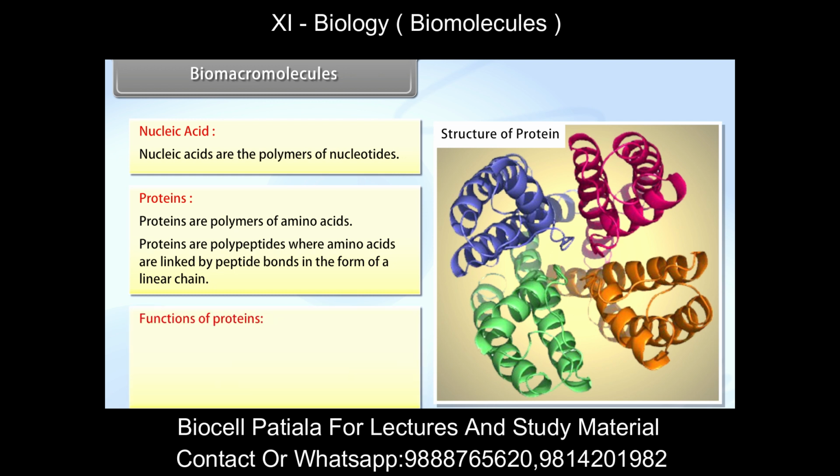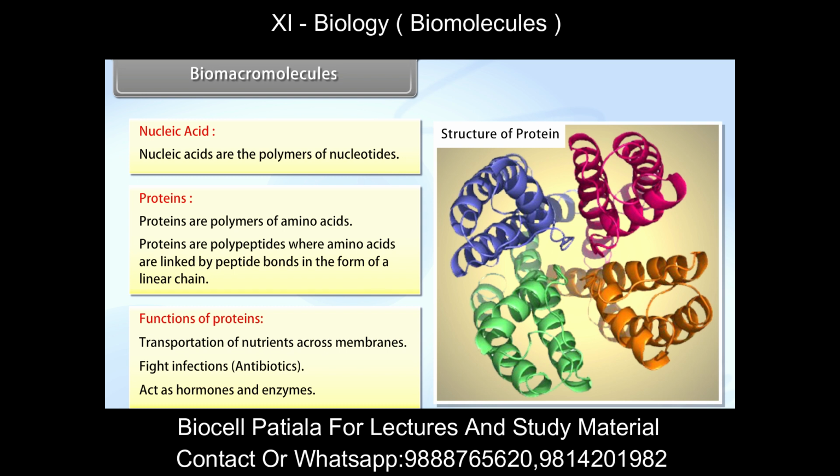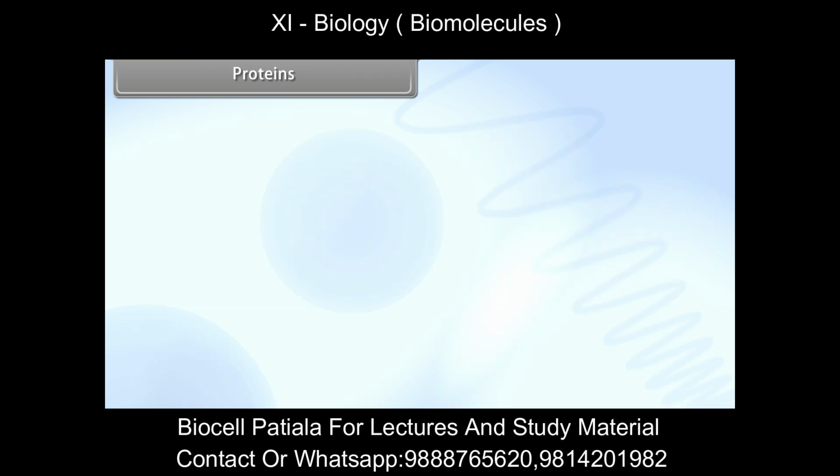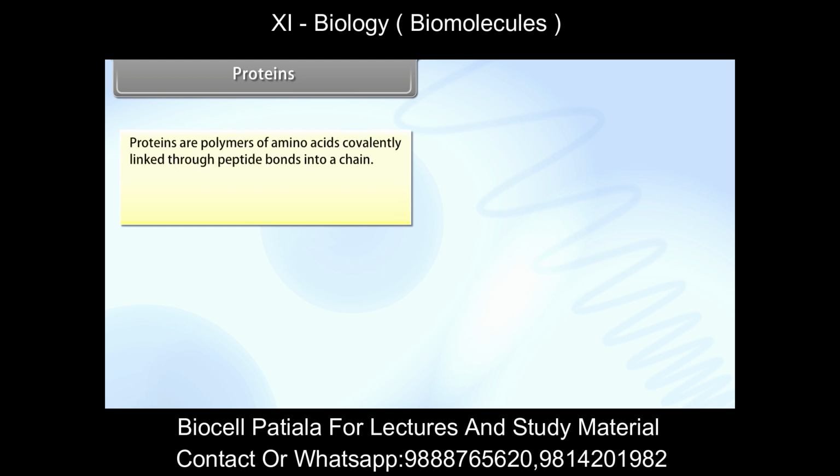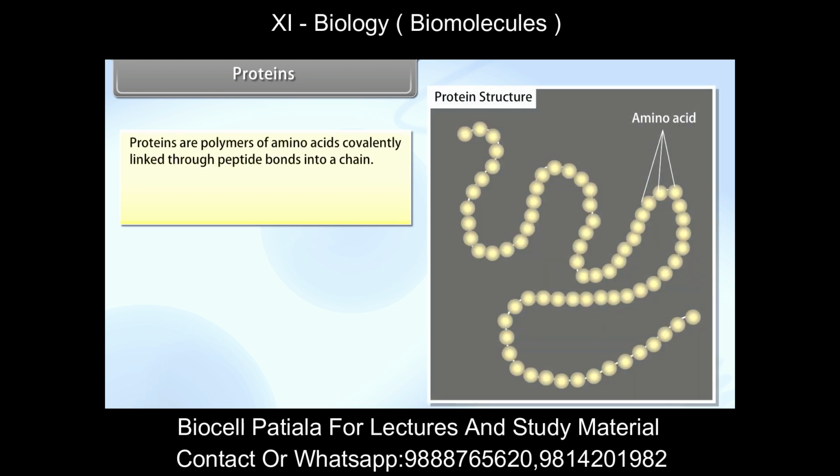Functions of proteins: transportation of nutrients across membranes, fighting infections, and acting as hormones and enzymes. Proteins are polymers of amino acids, covalently linked through peptide bonds into a chain.